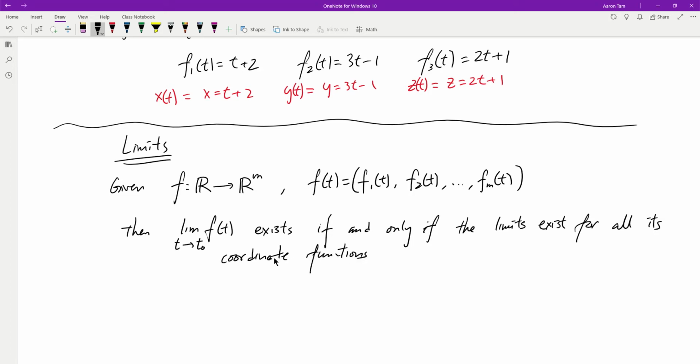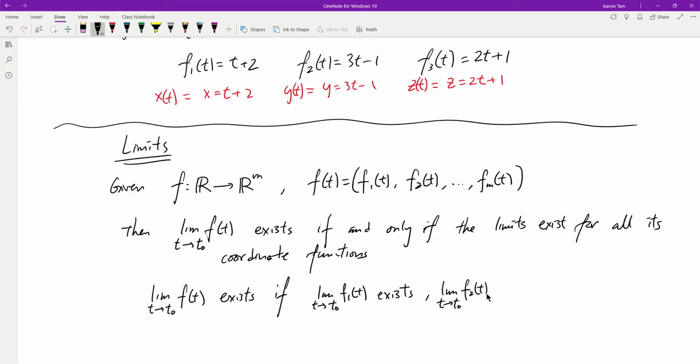What does that mean? Meaning the following. If the limit as t approaches t sub 0 of f1 of t exists, the limit as t approaches t sub 0 of f2 of t exists, and then continue on to the limit as t approaches t sub 0 of f sub m of t exists.